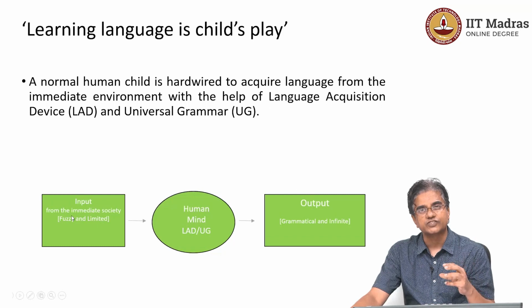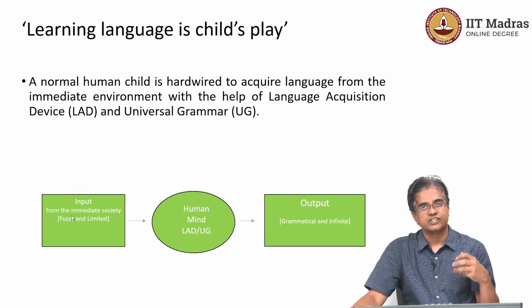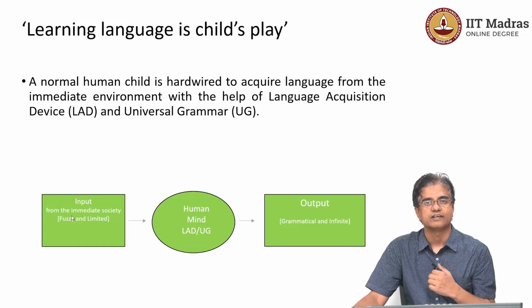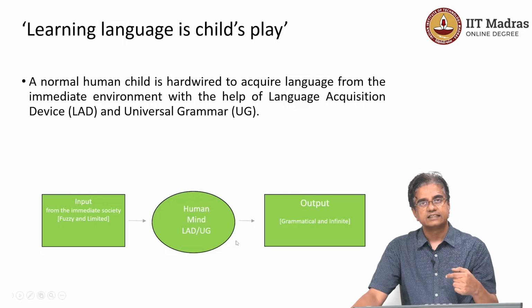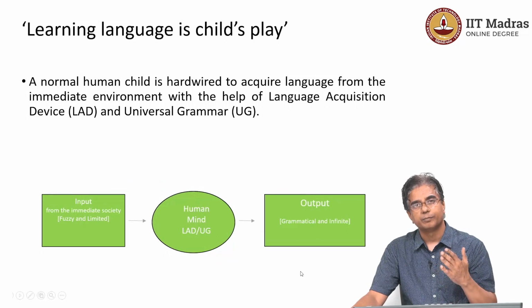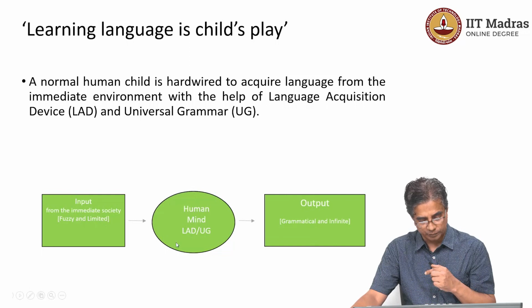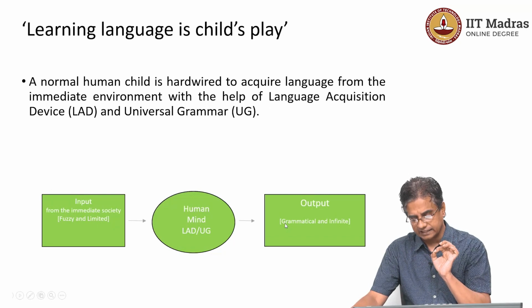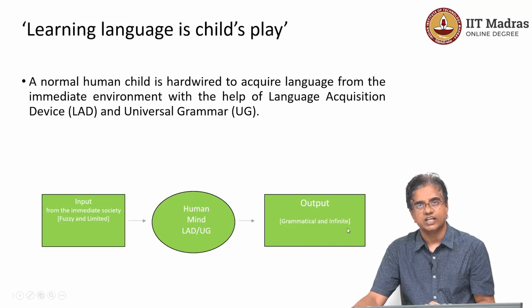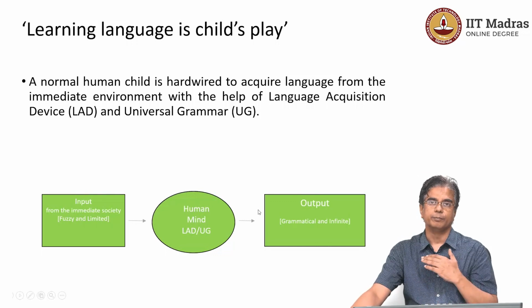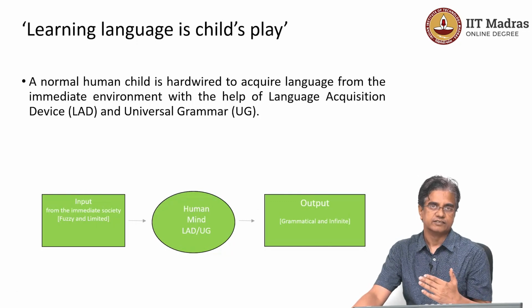They come from the immediate society, that is, the kinds of languages spoken around the child from family, relatives, etc. And as an output, the same language comes out, but what gets guaranteed through the processing of this human mind is that the output is perfectly grammatical and infinite in nature. And thus, we speak the language.